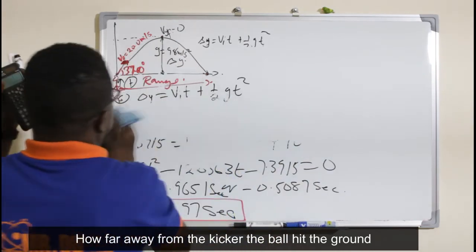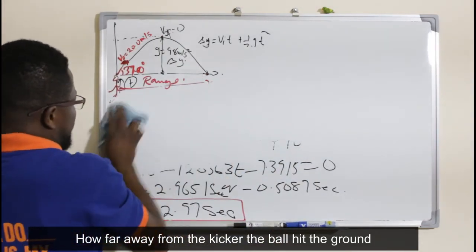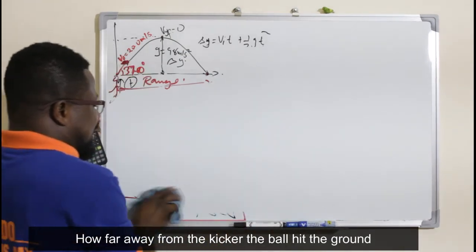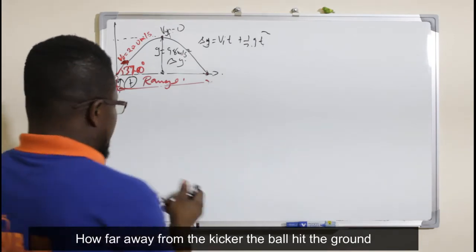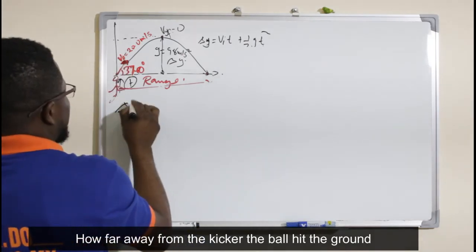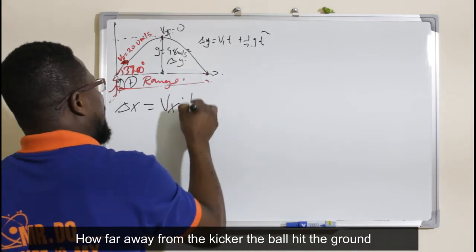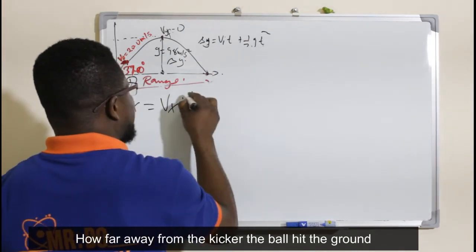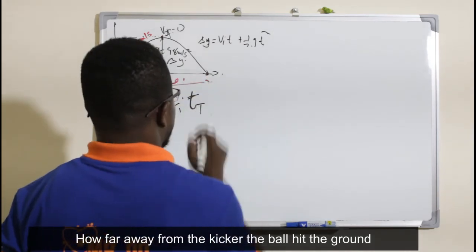So if it is change in x that we are looking for, what is it going to be? The formula that we need to make use of: the range, which is the change in x, is equal to v x initial multiplied by t. Which t? Total t, because now we are here on the ground.